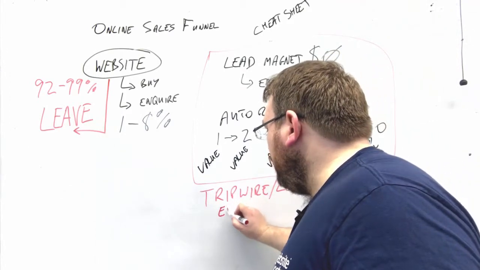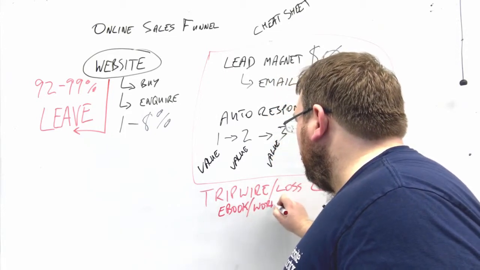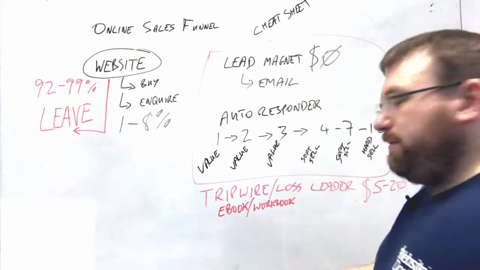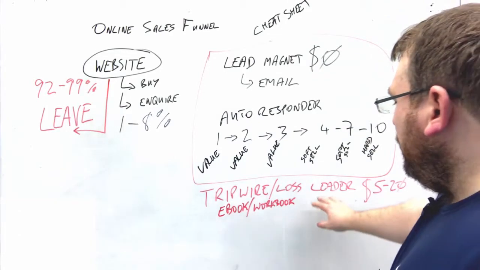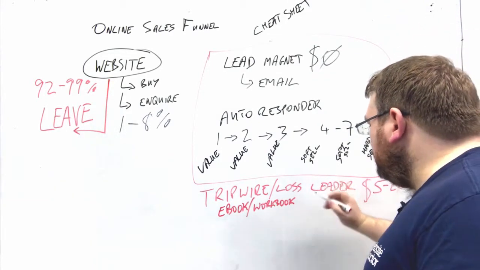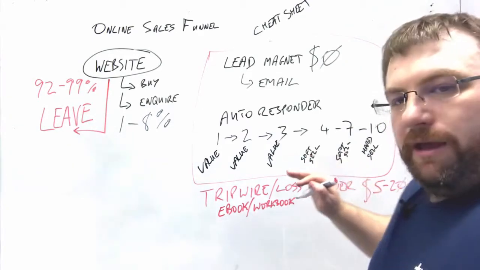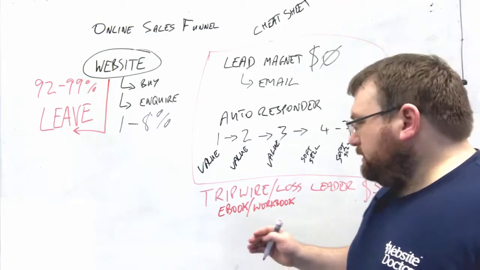I like the ebook or workbook. It could be a paid workshop of some kind, a paid webinar, something like that. So the purpose of this, again, is just to get them to go from being somebody who hasn't yet paid anything for any of your products to actually being a customer of yours.